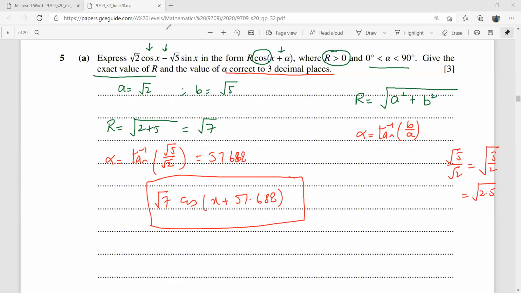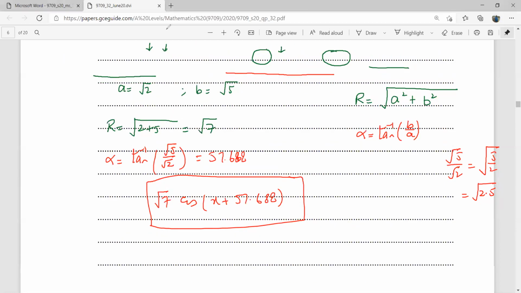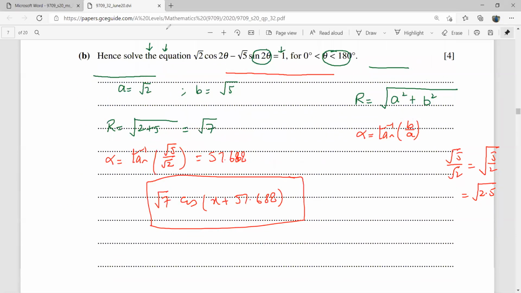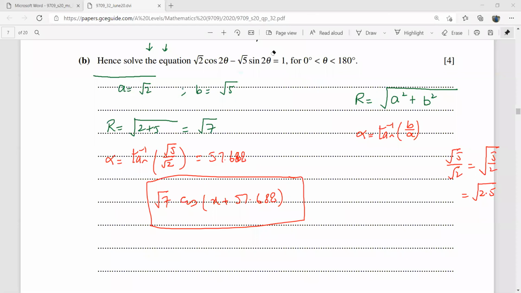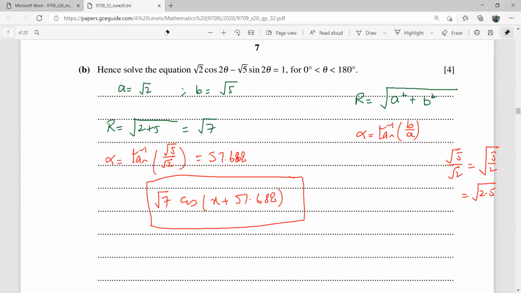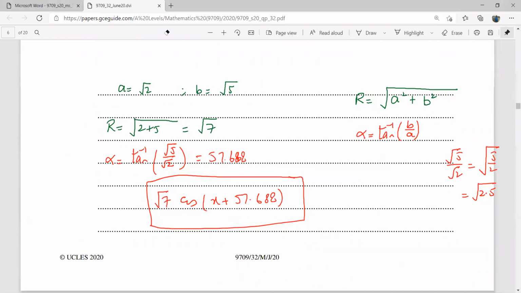Okay. Now let's move on to the second part. In the second part, we have to solve this equation here. Let me erase these things from it. But to solve this equation here, if I take you back to the original equation, you must see that instead of cos 2 theta, we have cos x here.